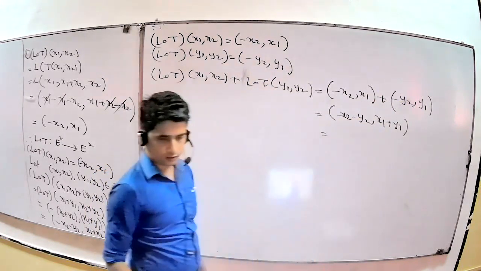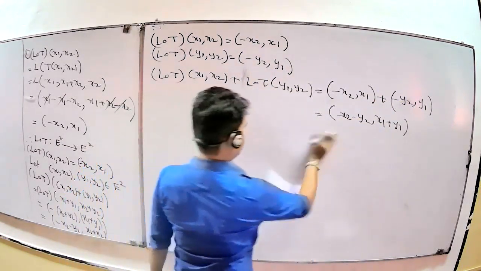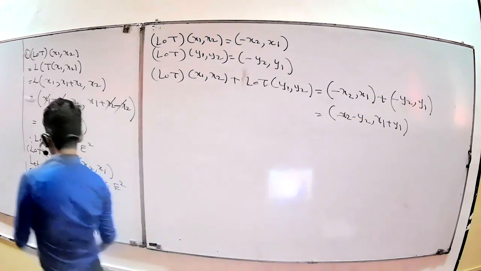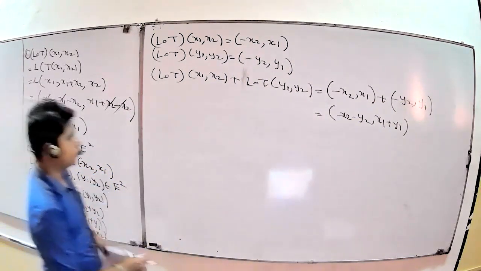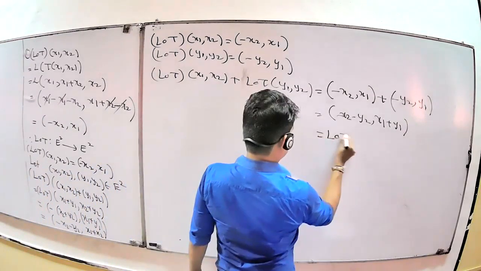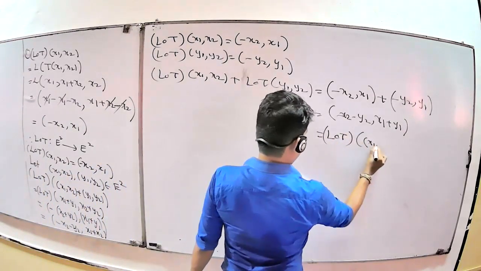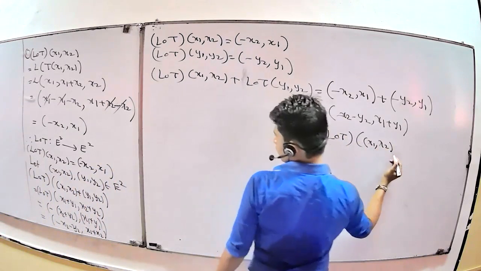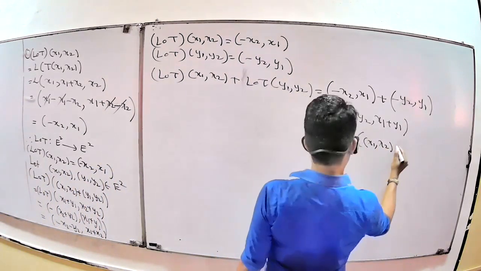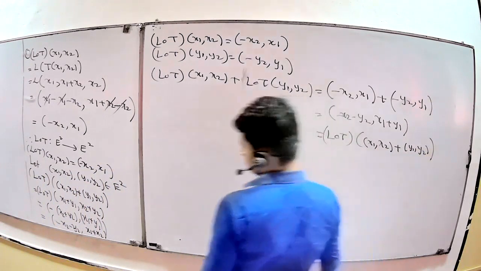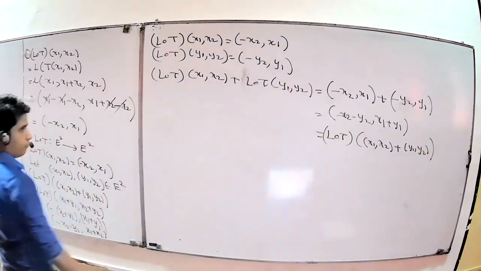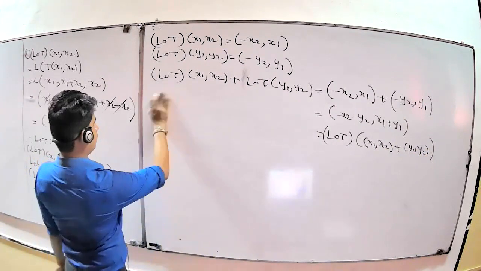But this one equals L composition T of x1, x2 plus y1, y2. Now the two vector addition is satisfied.